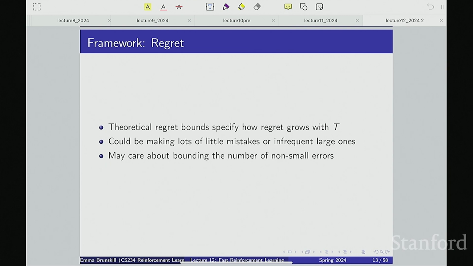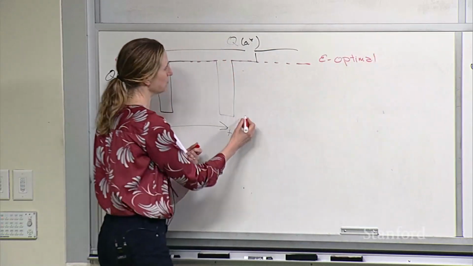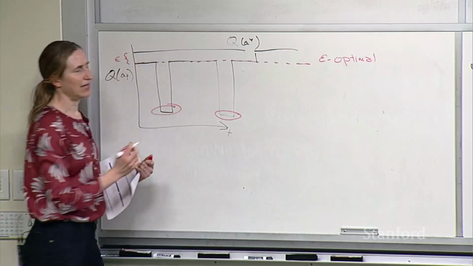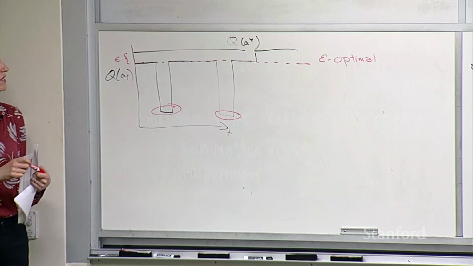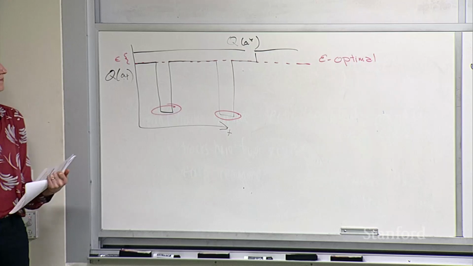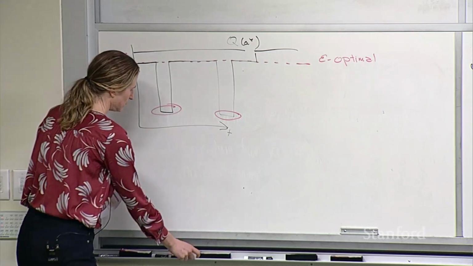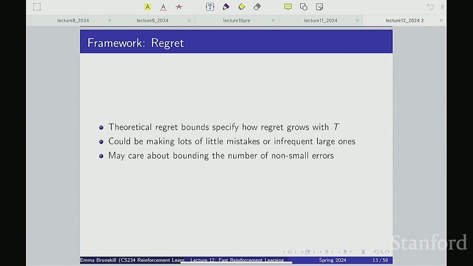I want epsilon optimal. So what we do in this case is we count every time we make a bad decision, meaning something that is worse than epsilon optimal. And otherwise, we think of all of those as basically being in an equivalence class of optimal. So that's what we think about when we think about PAC.